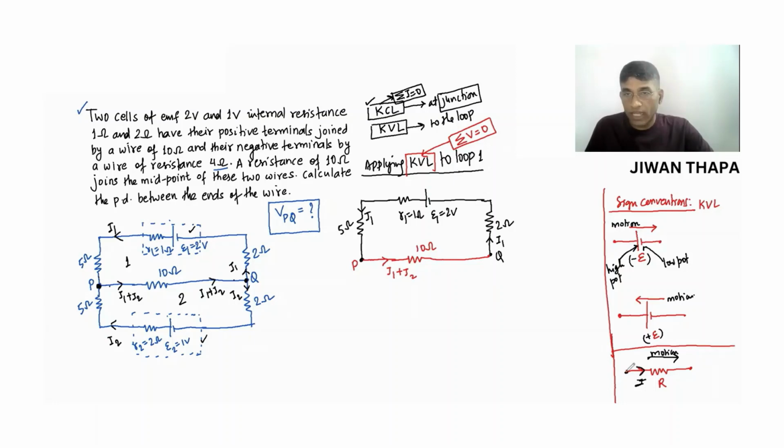It means that this side is at higher potential and this side is at lower potential. So if we are moving along the direction of current and finding the product I times R, then this product is taken as negative. So this is to be noted.